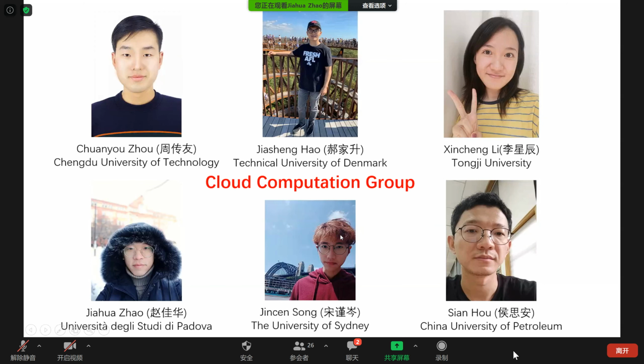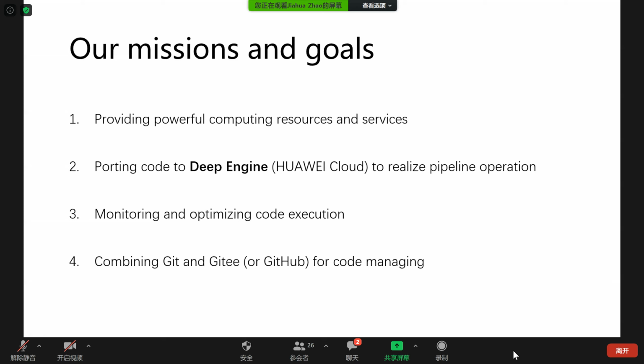So our mission and goals are providing powerful computing resources and services, and porting code to Deep Engine. We also call Huawei Cloud to realize pipeline operation, then monitor and optimize the code execution.